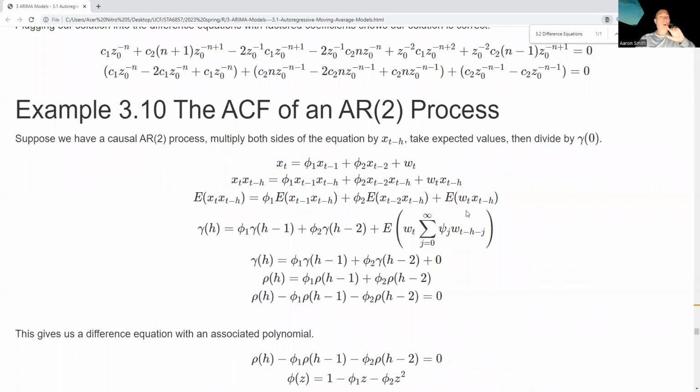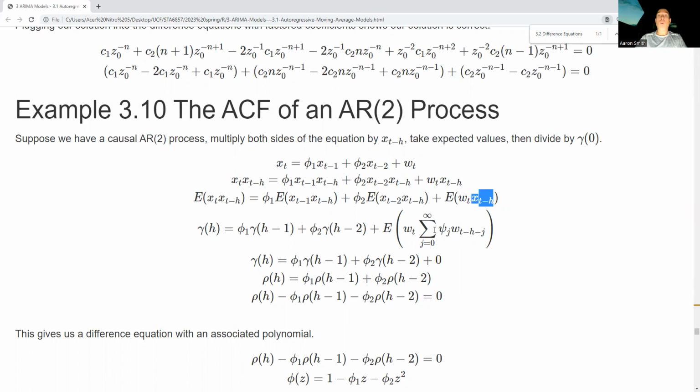Now I'm going to invoke a causal autoregressive process. If it's causal, then I can represent my x's in terms of the white noise. Remember, when we have a causal process, I can take the autoregressive portion and represent it using a series on the white noise.